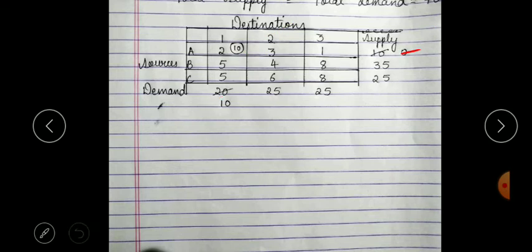Now remember, whenever any row or any column becomes 0, either the supply of any row or the demand of any column becomes 0, you have to cancel it. Here we can see that it has become 0, right? So we are cancelling this out. I do not want this row in my further transportation model.